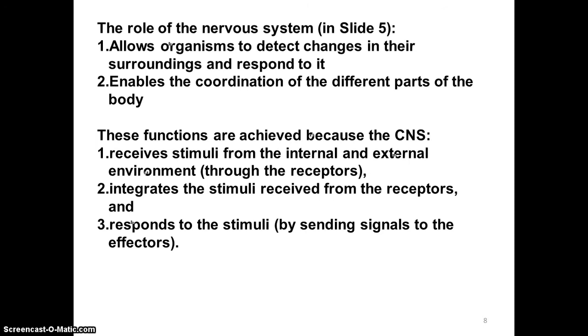To remind again, the role of the nervous system is to allow the organism to detect changes in its surroundings and to respond to them, and also to enable the coordination of the different parts of the body. These functions can be achieved because the central nervous system is able to receive stimuli from the different types of receptors and integrates the stimuli received from these receptors, responding to them by sending signals to the different effectors.